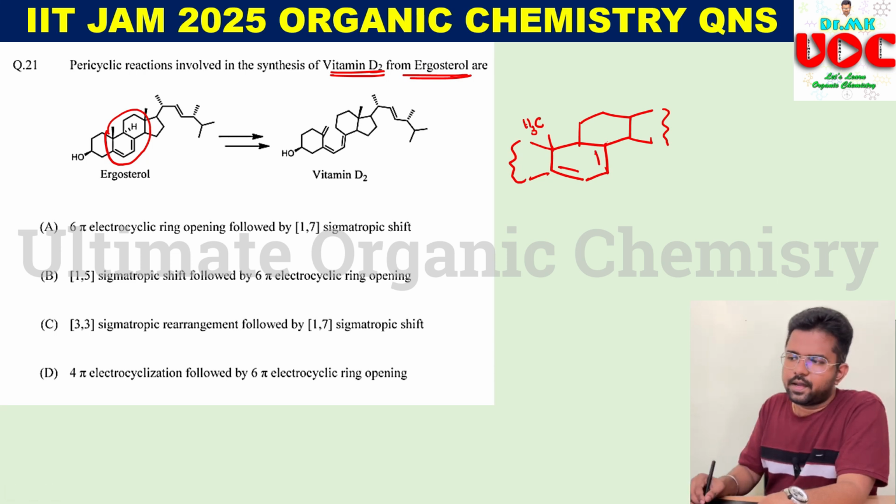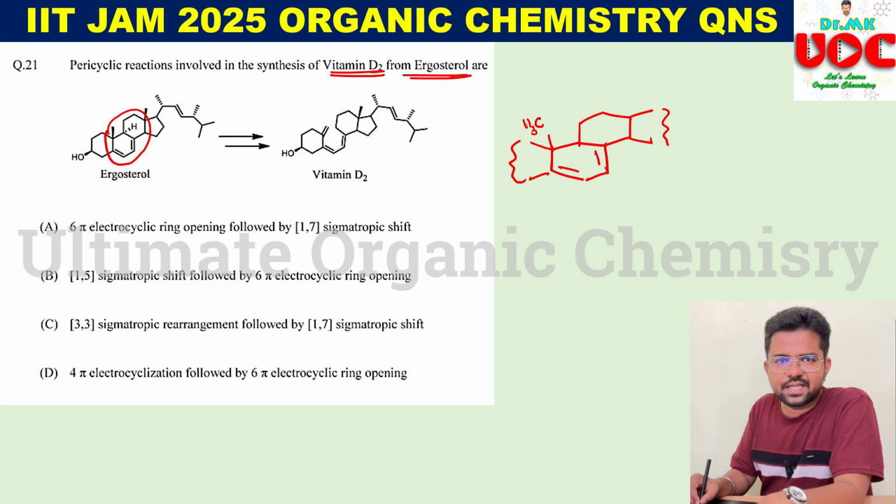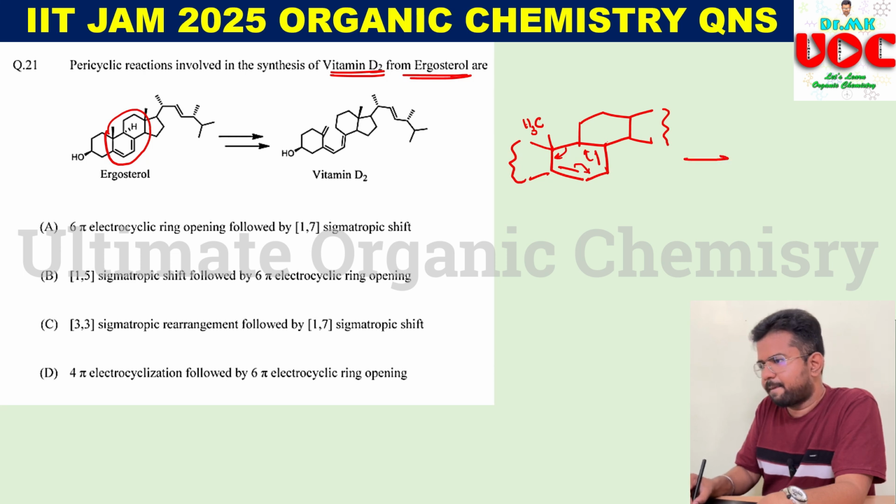Initially, what happens here, this is a cyclohexadiene system, so it can undergo a 4n plus 2 electrocyclic ring opening reaction.